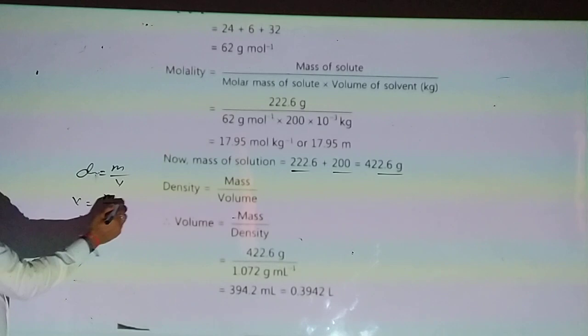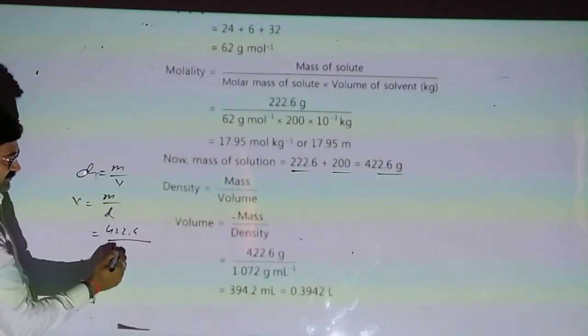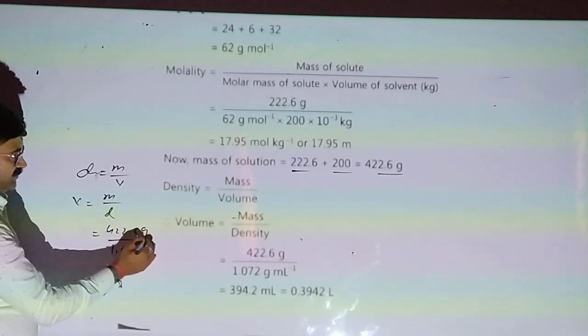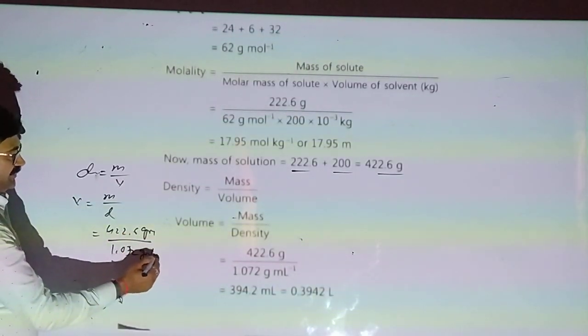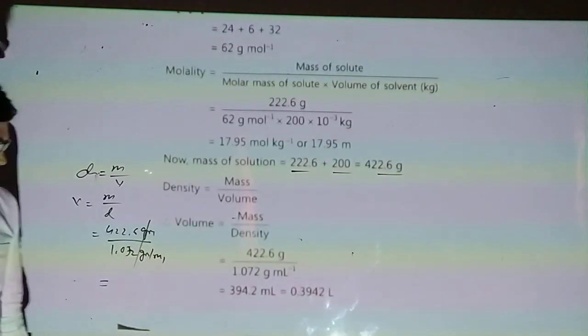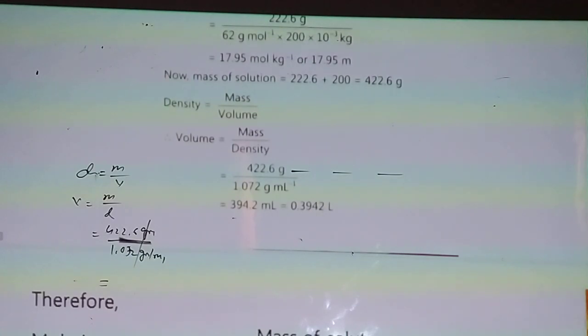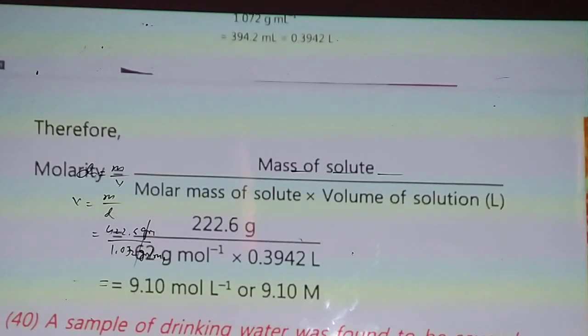So volume is equal to mass upon density. 422.6 upon 1.072, gram per milliliter, gram cut, answer in milliliter. So 394.2. 394.2 divided by 1000 gives 0.3942 liter.